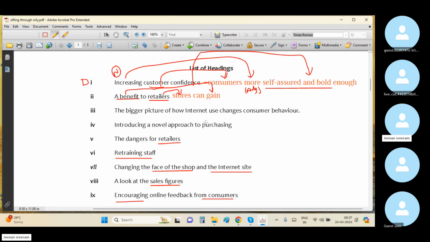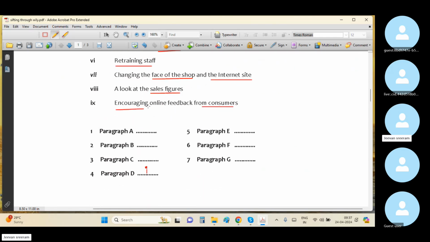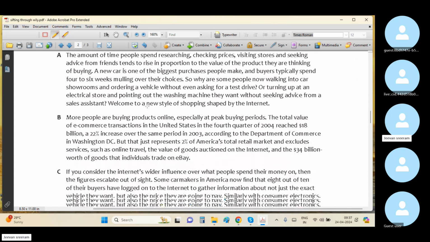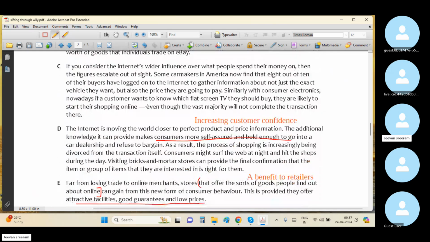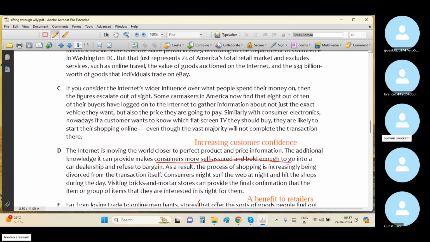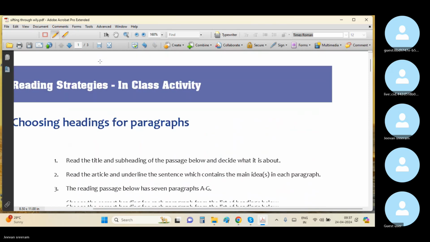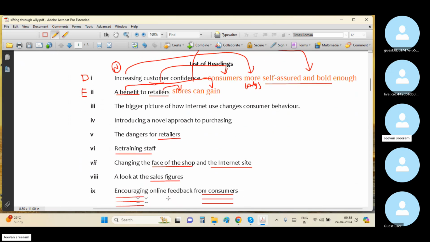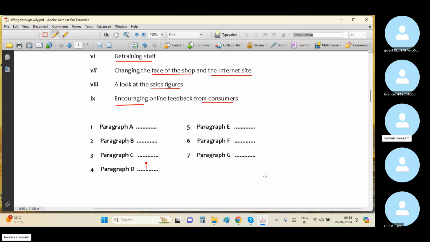Right? So which paragraph is it? Is it E? Which paragraph have you found the paraphrase? E. E2. Okay.